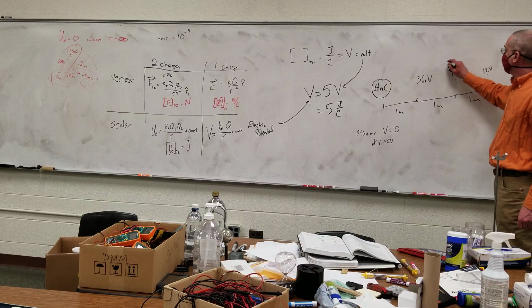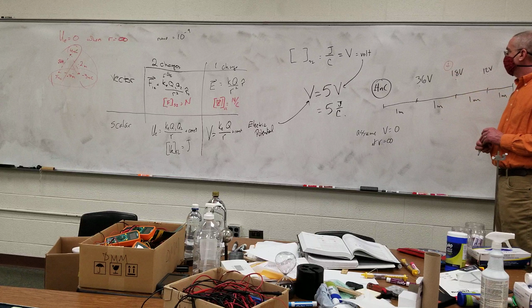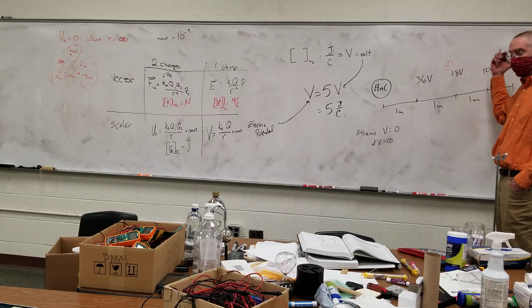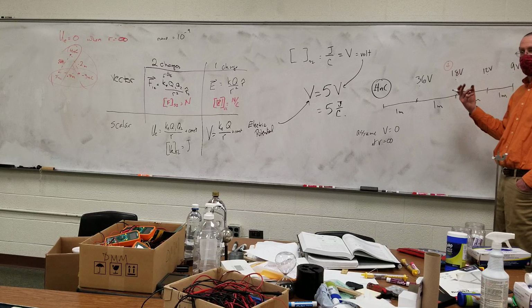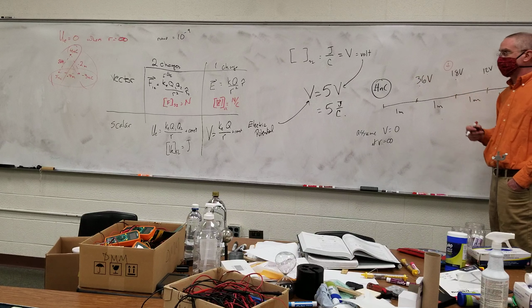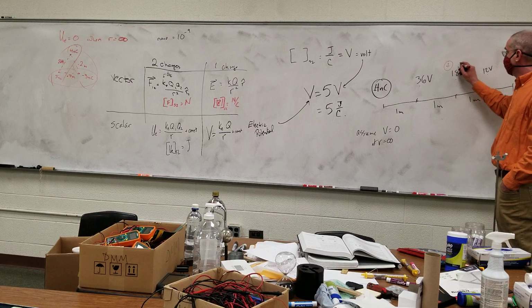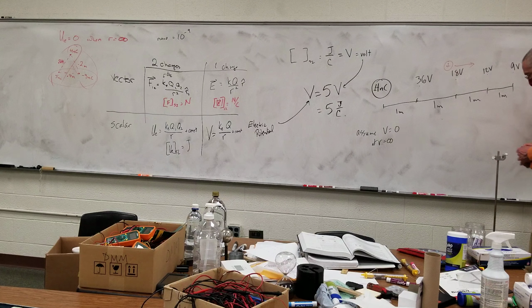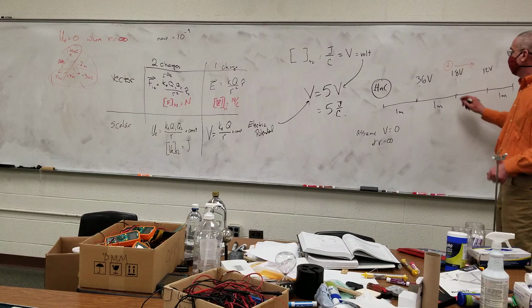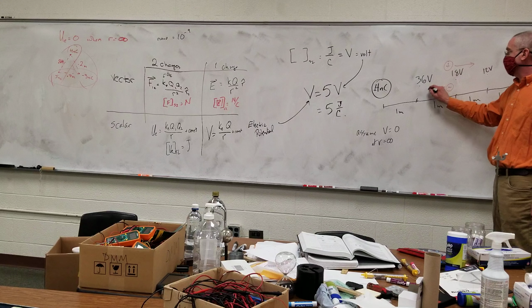If I put a positive charge here, that positive charge we know is going to go to the right because it's going to lose potential, gain kinetic, or it goes in the direction of the electric field created by the source, or like charges repel. If I put a negative charge here, we know it's going to be attracted.